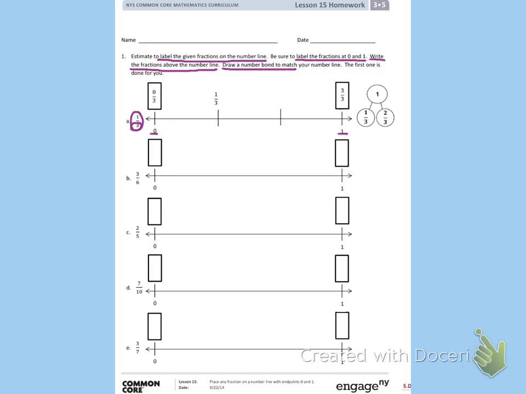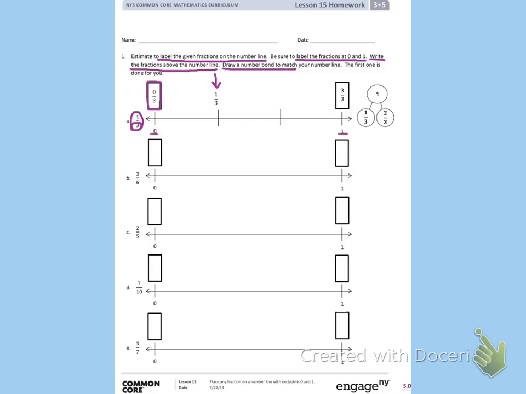Therefore, the first fraction for 0 has to be 0/3, which they've already written for you in the first rectangle right here. So after 0/3 comes 1/3, and they've gone ahead and labeled it right here.